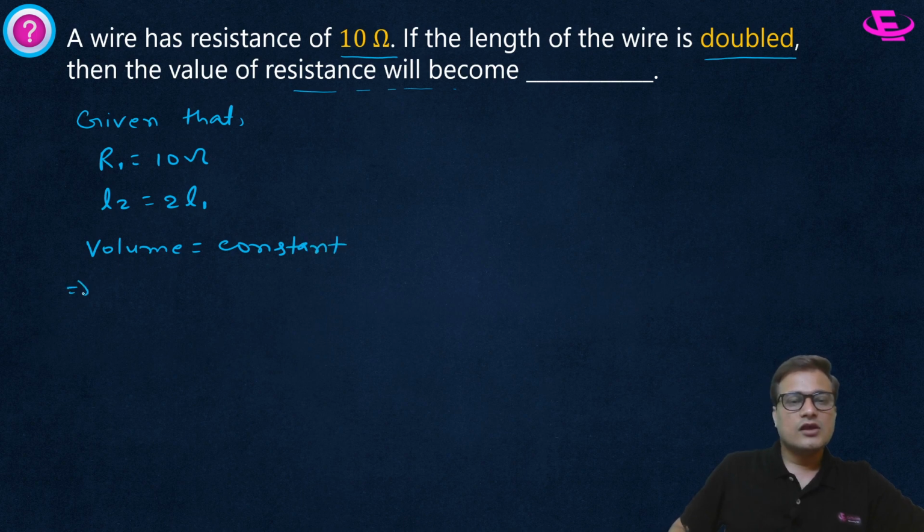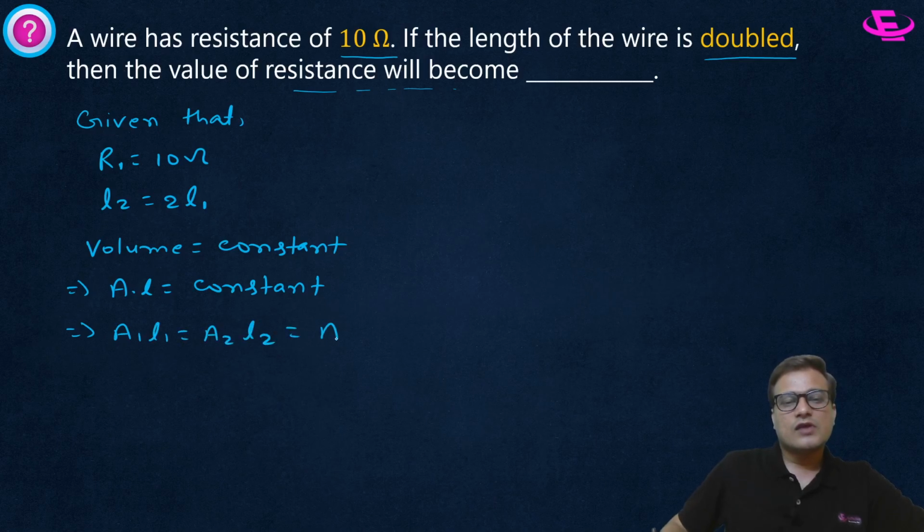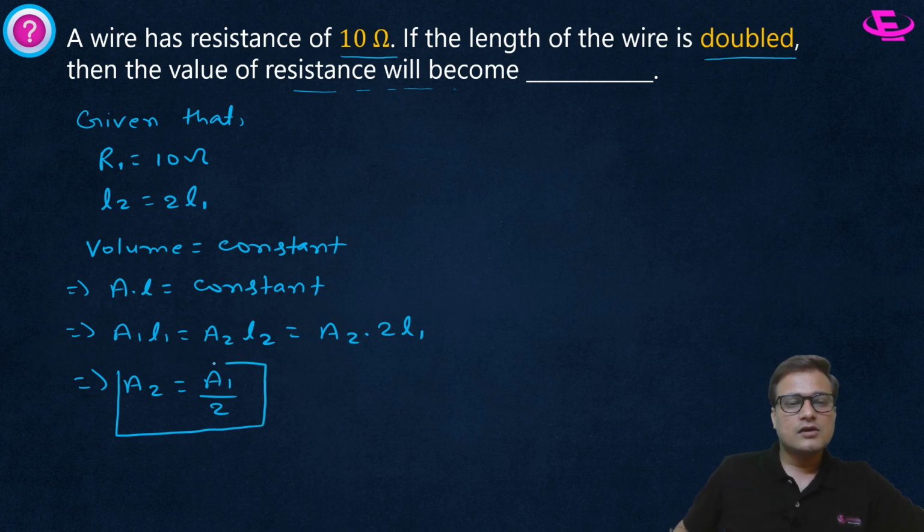That means you can write A into L equal to constant. That means you can write A1 into L1 equal to A2 into L2. Instead of L2 you can write 2L1. From here A2 will become equal to A1 by 2.